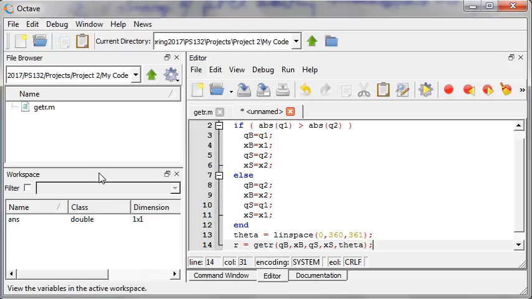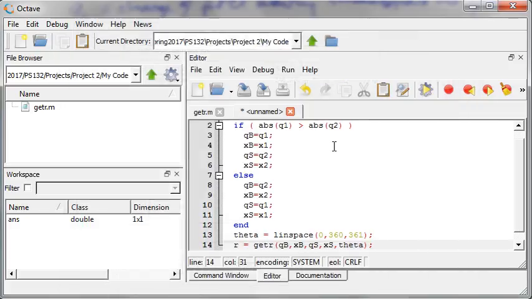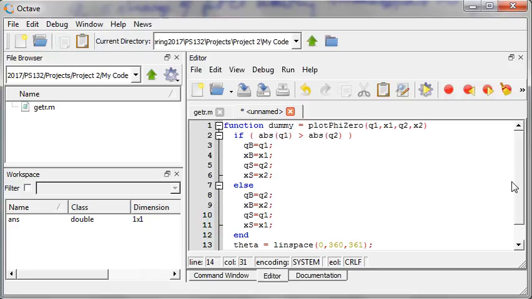Alright, now theta is going to be an array when it passes it this way. So 361 values rather than just a single value. All these other things are single values, but I think I'm going to do a Control S to save that. And I'm going to cancel because I want to copy the name so I don't have to type it in. There it is.